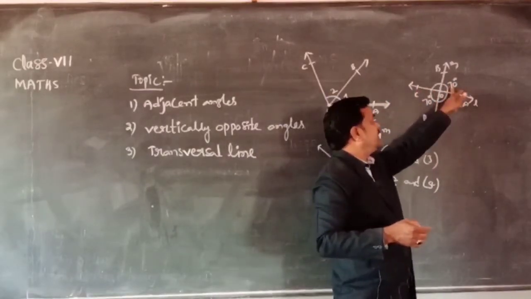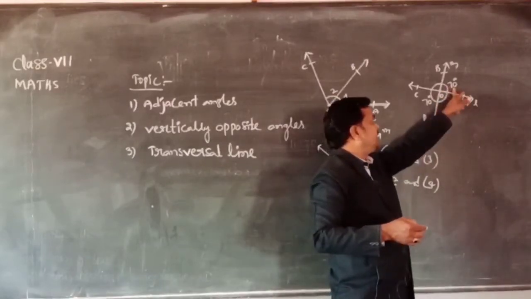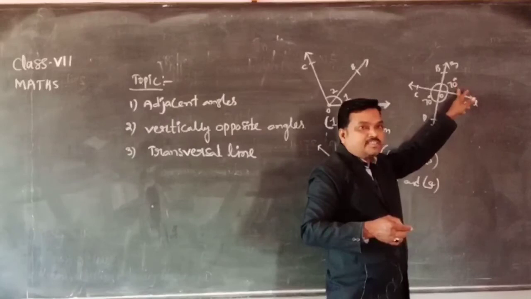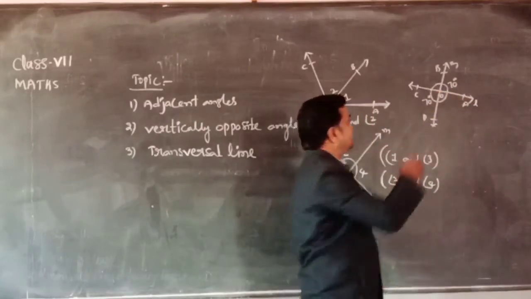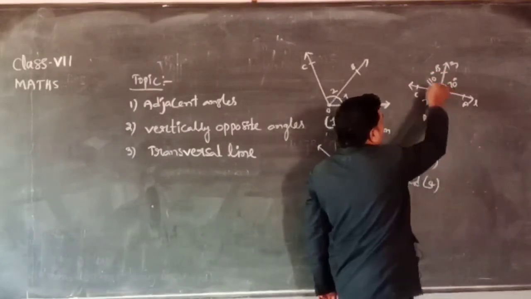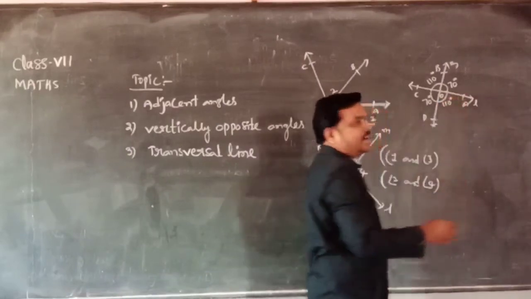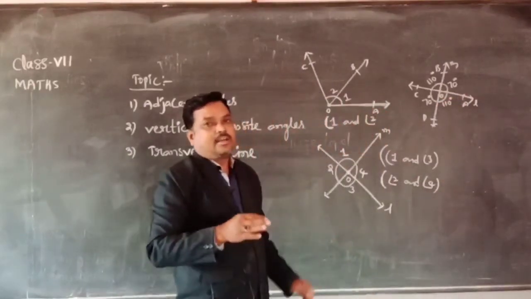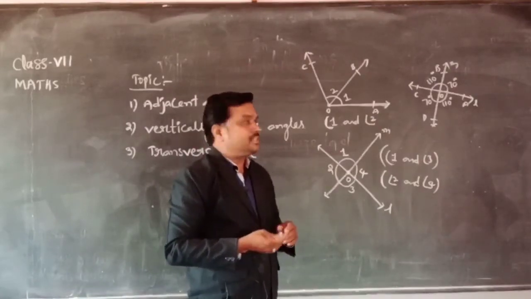So AOB and COD are vertically opposite angles. This other angle is 110 degrees. Angle BOC is 110 degrees, which means angle AOD is also 110 degrees, according to the rule that vertically opposite angles are equal.